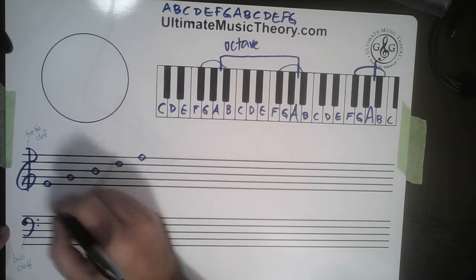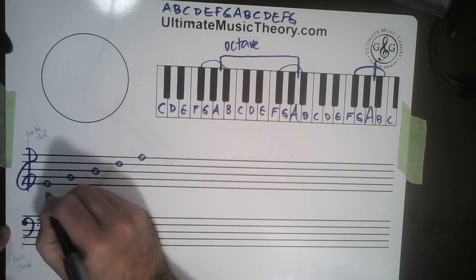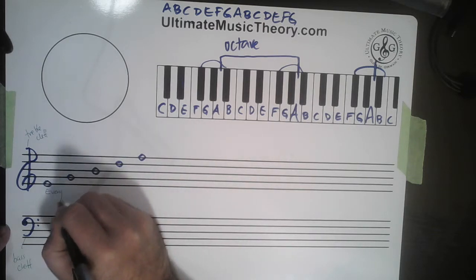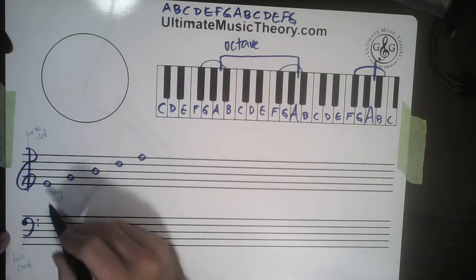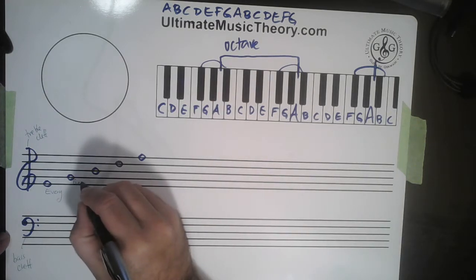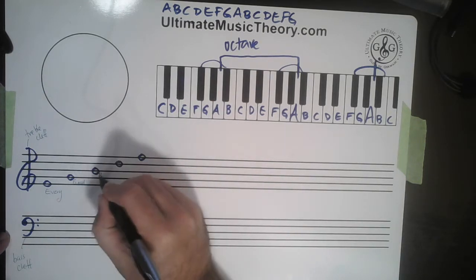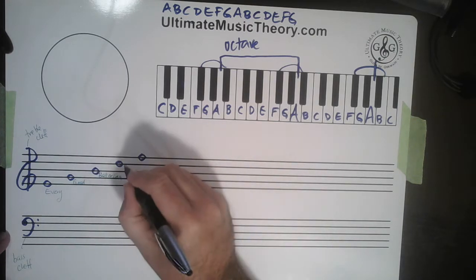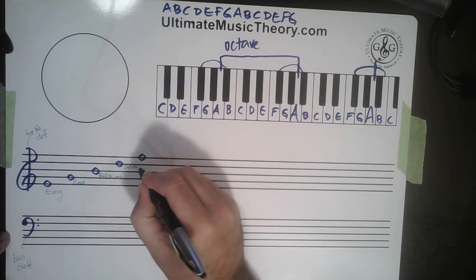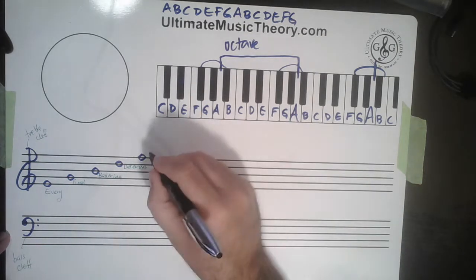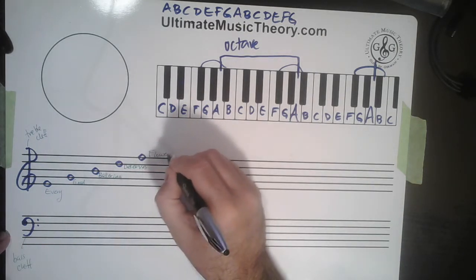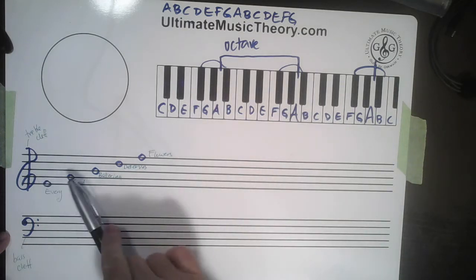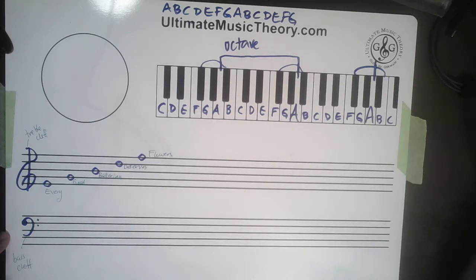So this note here is the letter E. And the sentence that we use is every good ballerina deserves flowers. Every good ballerina deserves flowers.